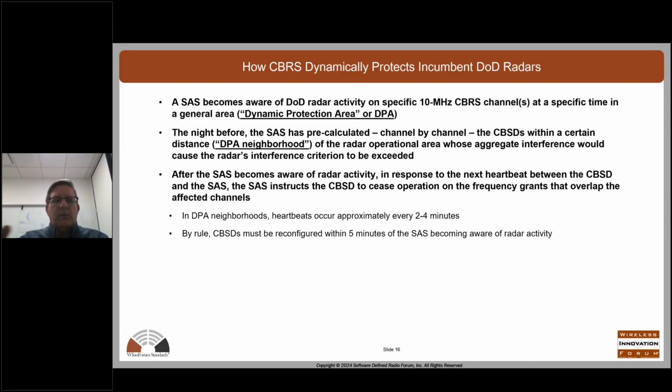So the rule is that once the spectrum access system becomes aware of radar activity in a particular DPA, the impacted CBSDs, which is what we call CBRS devices, have to be reconfigured within 5 minutes. So that's the dynamic nature we're dealing with now. And I can tell you, without spoiling Amit's thunder here, 5 minutes isn't going to cut it for the lower 3 gigahertz band because there's a lot more dynamic stuff going on, airborne and all sorts of stuff. But that's what we do in CBRS. Next slide, please, Lee.